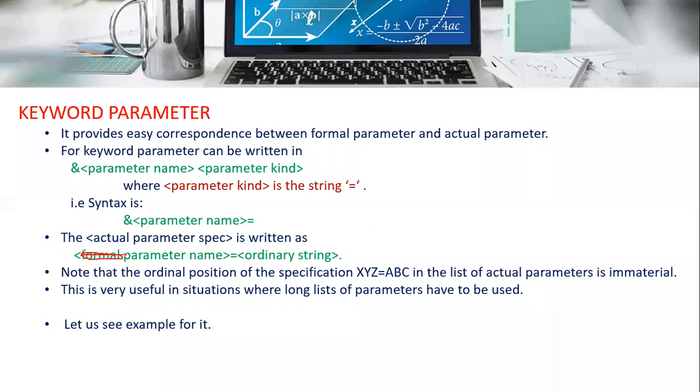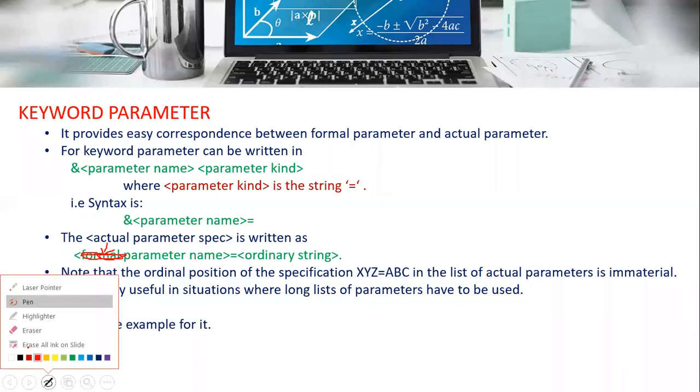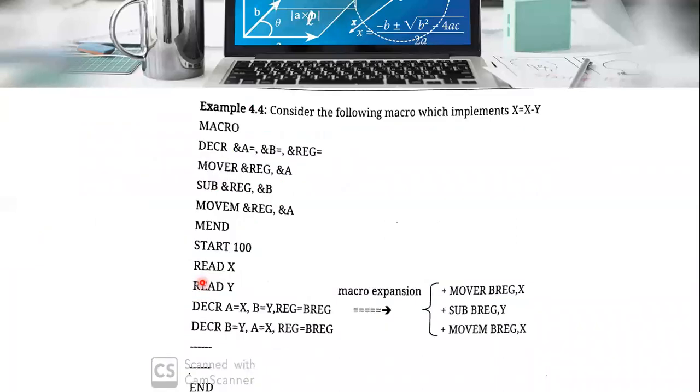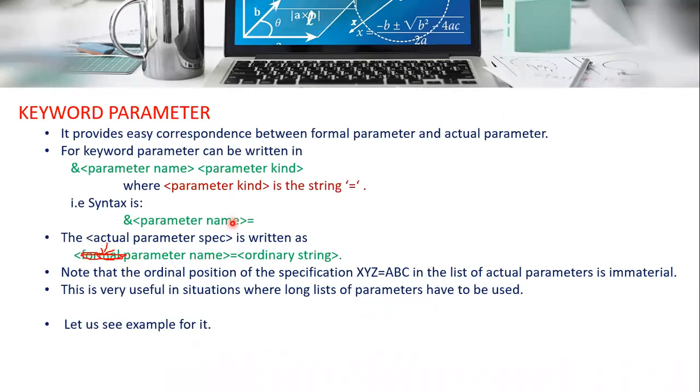This actual parameter should be used at this particular point, and ordinary string is nothing but the name of the formal parameter. Okay, next in the example we consider decr actual parameter name equal to x, sorry, a, nothing changes.